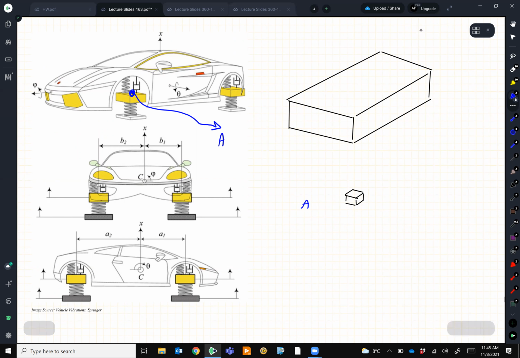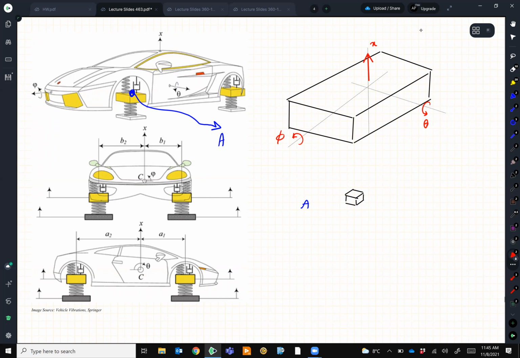So the coordinates that you have, the question already set them up for you about the center of gravity. This is going to move by x. That's one of your coordinates. You have a pitch theta and a phi here.